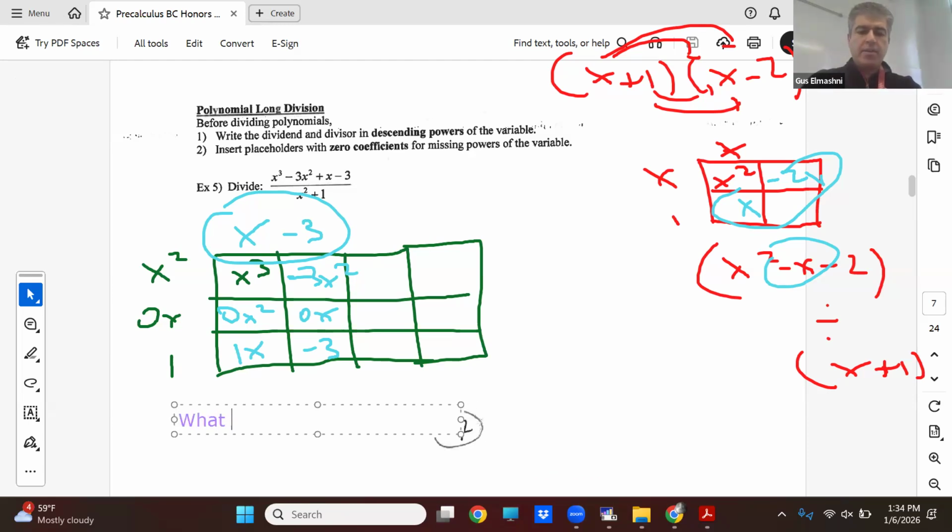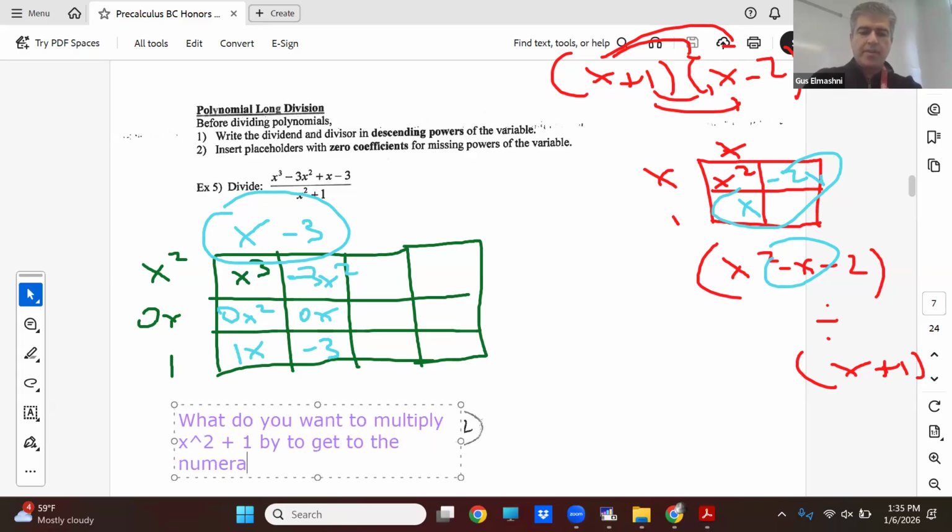What do you want to multiply x squared plus 1 by to get to the numerator? That's what you're trying to do. What do you multiply to this to get to this? Because in essence, this is equaling something, right?